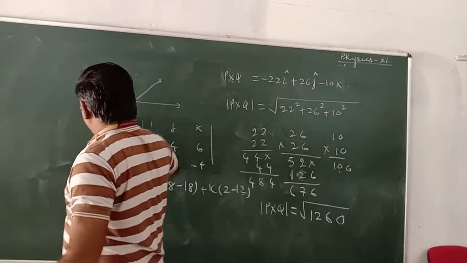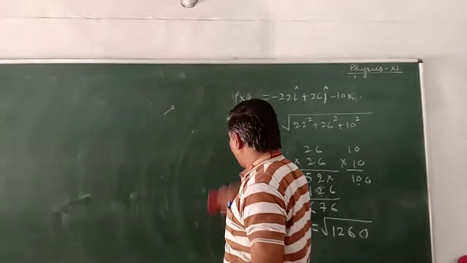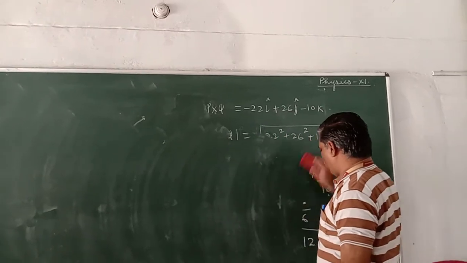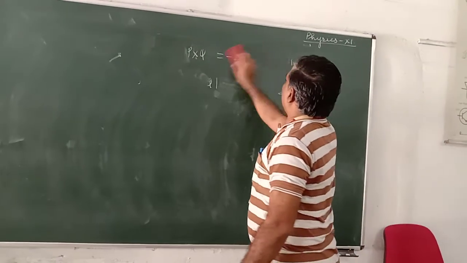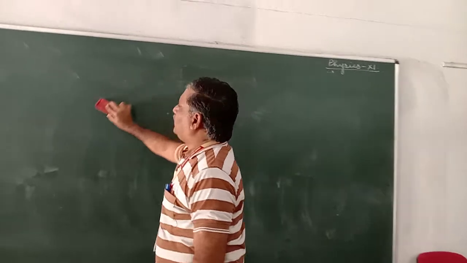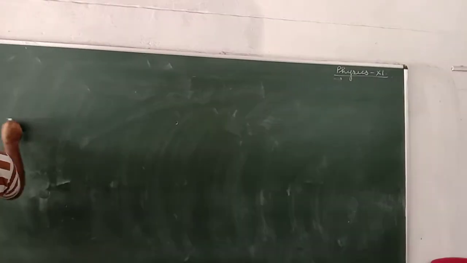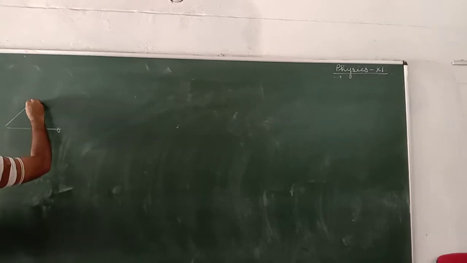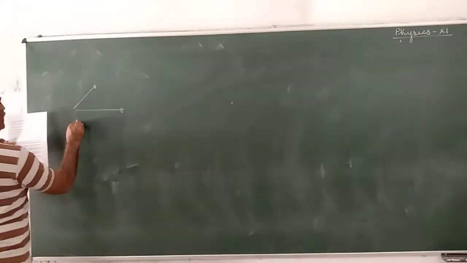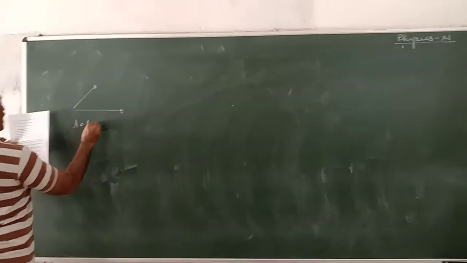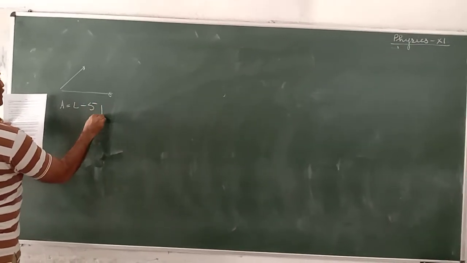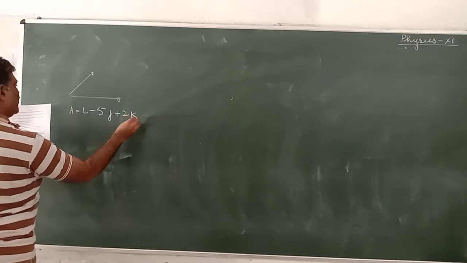How to find out the area of a parallelogram? Two sides are given. This is side A, given as i minus 5j plus 2k.